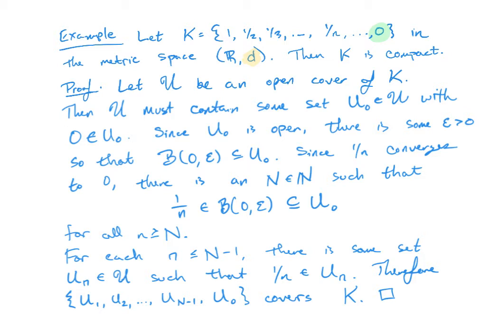Every set in every metric space has some finite open cover, because the entire metric space itself is an open set. So you take a set in a metric space, the metric space itself is open, so there you go. The set has an open cover with one set in it. But compactness means any open cover you're given will have a finite subcover.